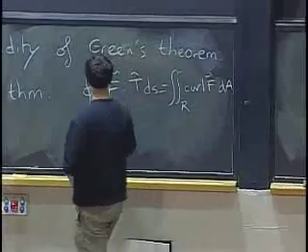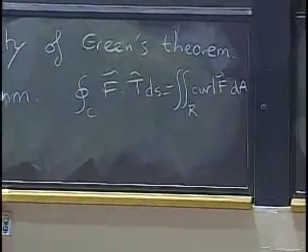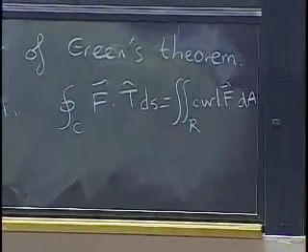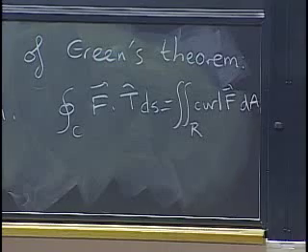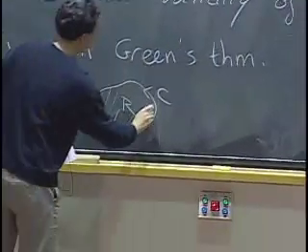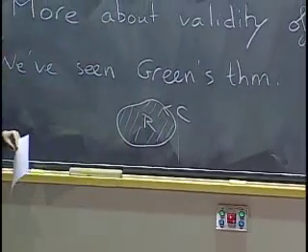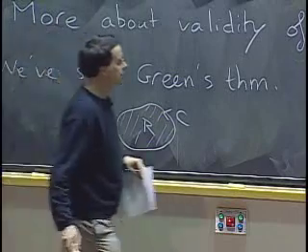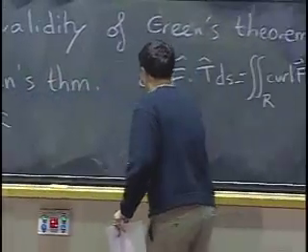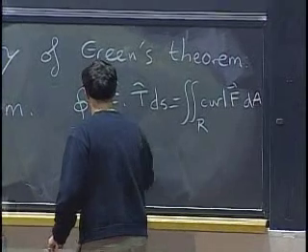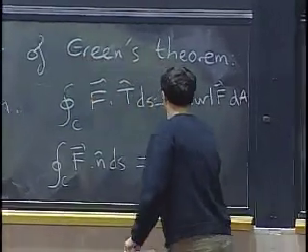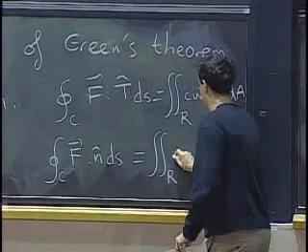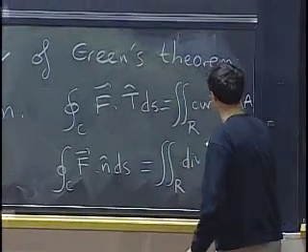One says the line integral for the work done by a vector field along a closed curve, counterclockwise, is equal to the double integral of the curl of the field over the enclosed region. The other says the total flux out of the region, so the flux through the curve, is equal to the double integral of the divergence of the field in the region.